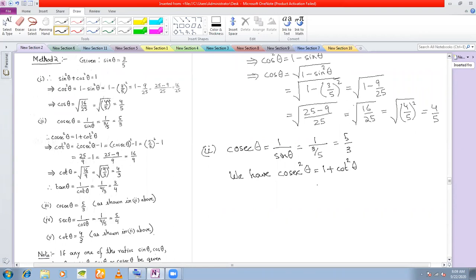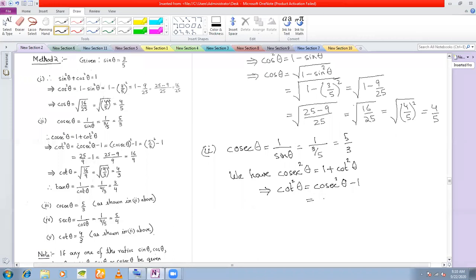So cot square theta is cosec square theta minus 1. I told you to remember this form also. Instead of starting from cosec square theta is equal to 1 plus cot square theta, you can start from cot square theta is equal to cosec square theta minus 1 also.